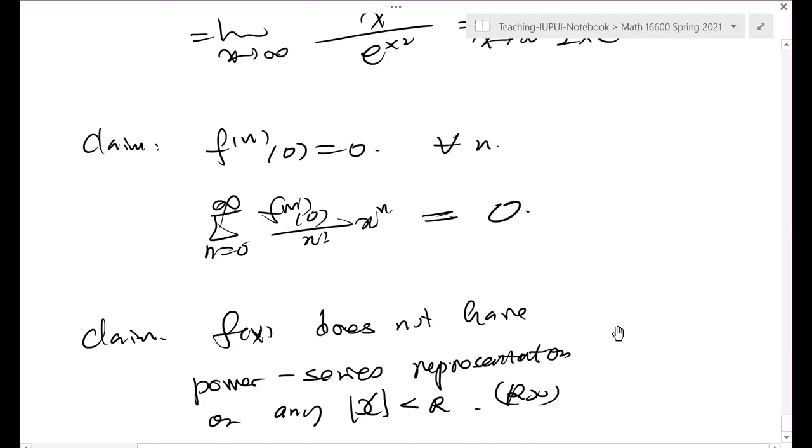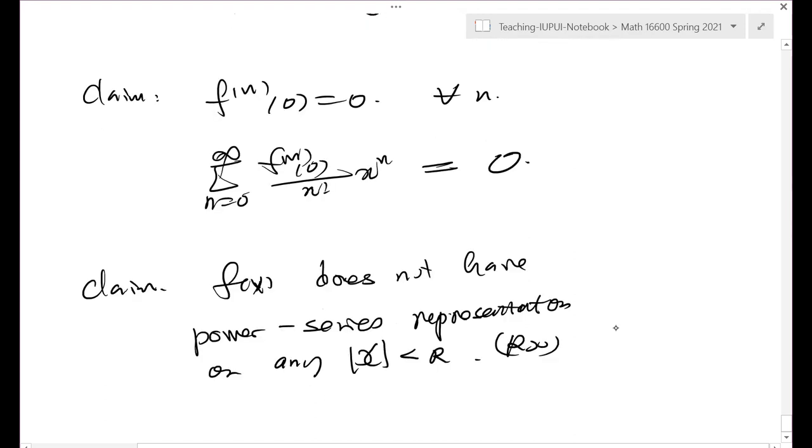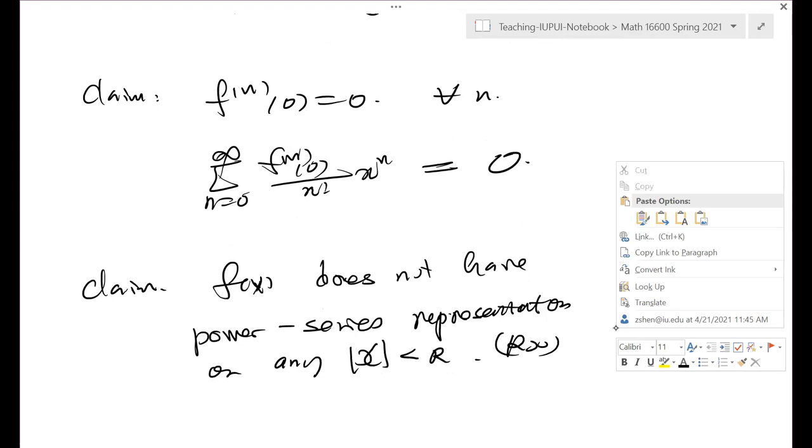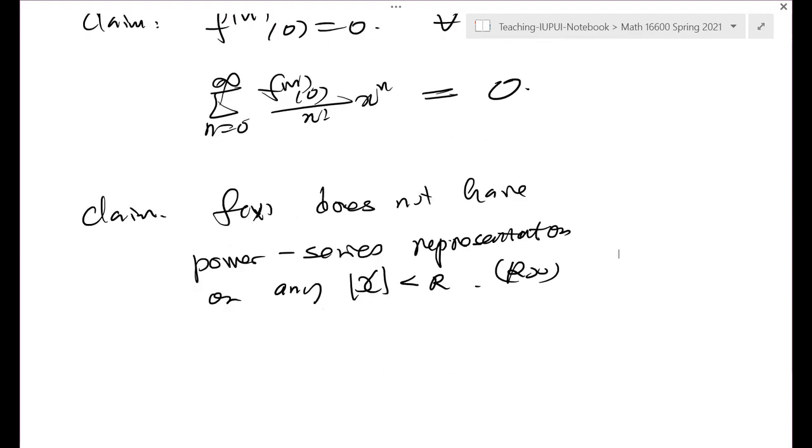If you find one, the coefficients must be 0, but the function itself is not 0. That's an interesting example, clear?